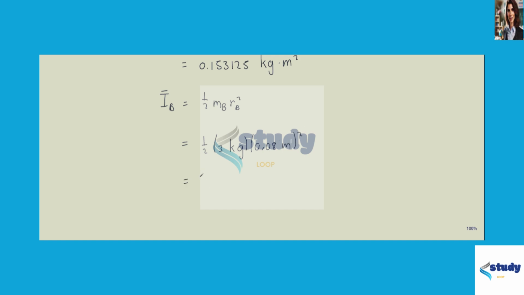We get the moment of inertia of the disk to be 9.6 times 10 to the minus 3 kg meter squared. So now we have the moment of inertia for both the platform and the disk.